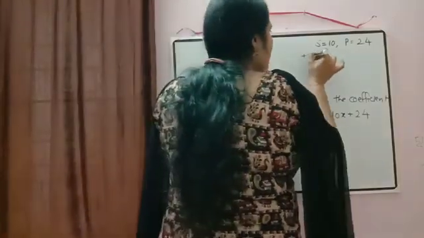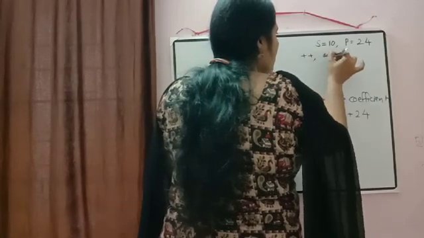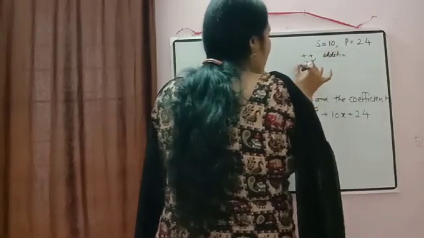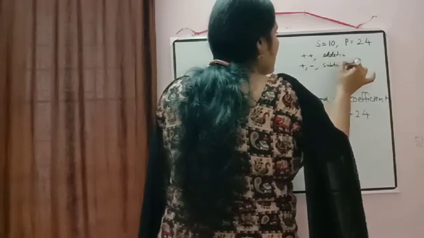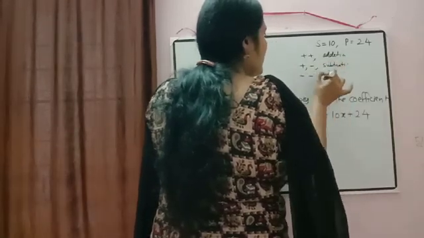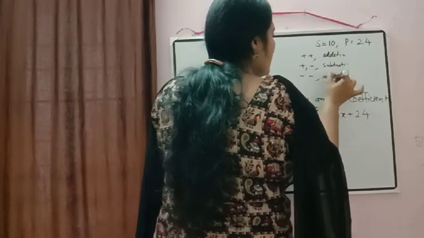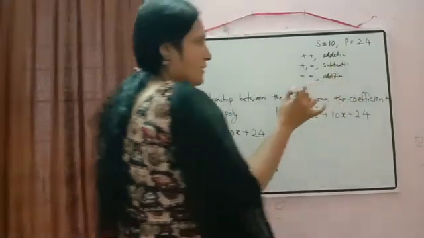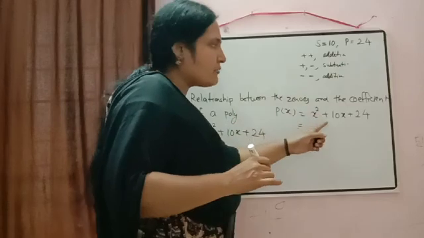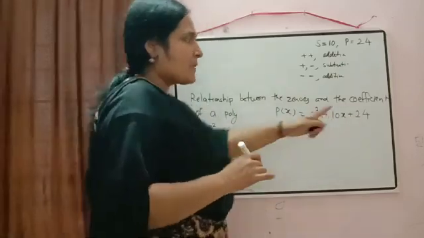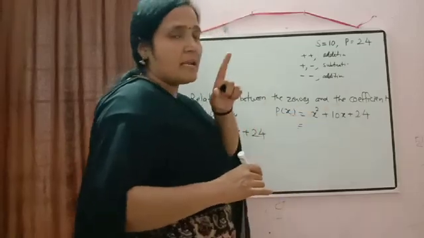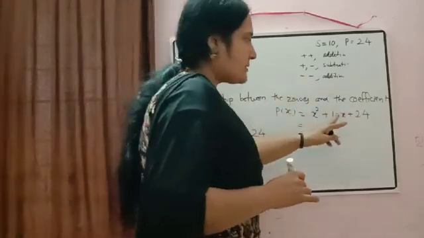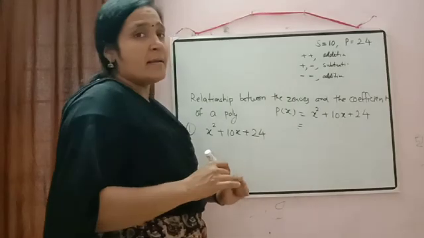If both numbers are positive, we have to do addition. If one number is positive and one is negative, we do subtraction. If both numbers are negative, we also do addition, and how to take the numbers will depend on the sign. We need the product negative if one number is negative.